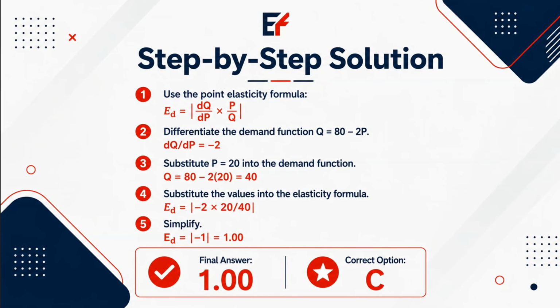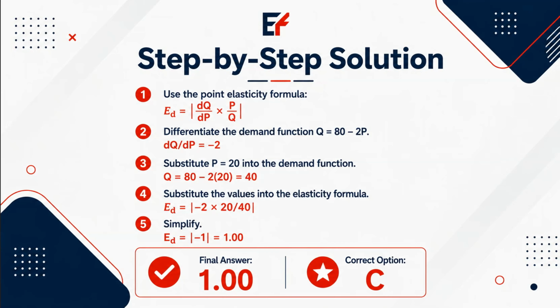Let's run the calculation cleanly. Use the point elasticity formula. Absolute value of change in quantity divided by change in price multiplied by price over quantity. From the demand function, the change in quantity divided by change in price is -2. When price is 20, quantity equals 80 minus 2 times 20, which gives 40.